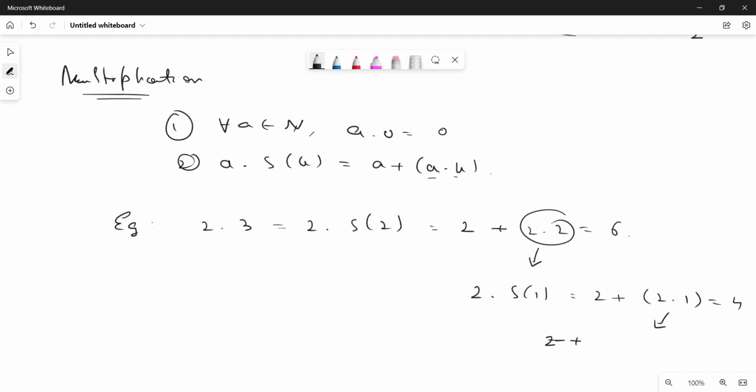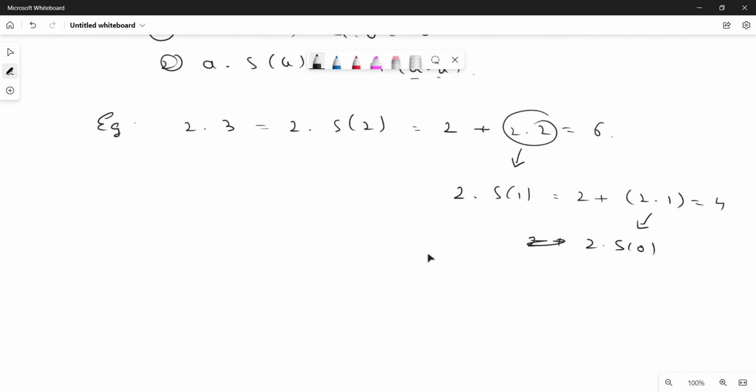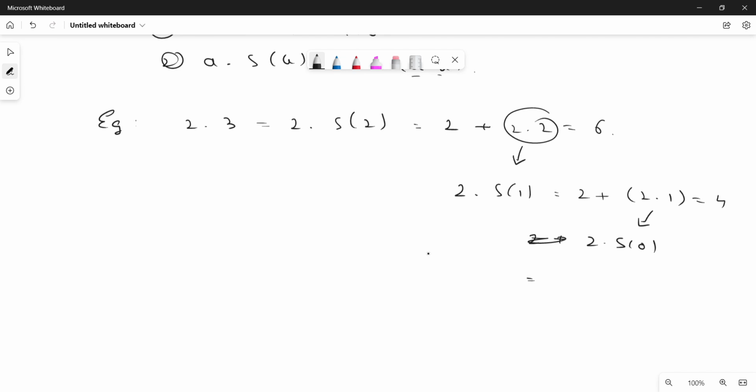Now how can we define 2 into 1? 2 into 1 can be defined as 2 into successor of 0, which is basically 2 plus 2 into 0, and we already have the axiom that anything into 0 is 0, so this is equal to 2. Is it clear?